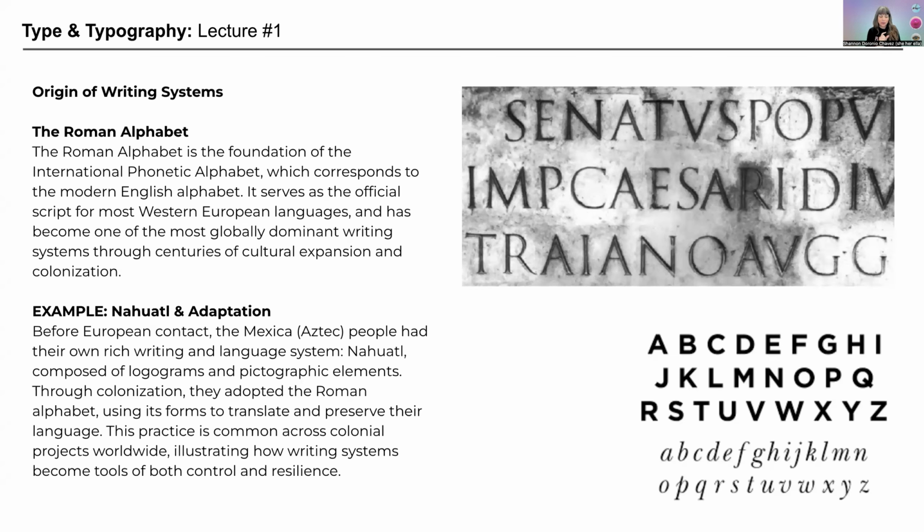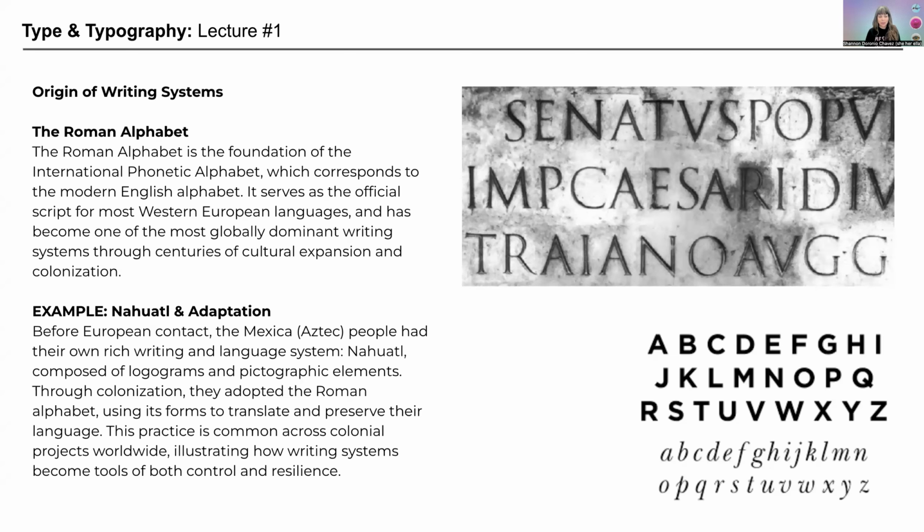So they were able to translate the sounds that they make when speaking Nahuatl. So words like coyote, chocolate, those are all Nahuatl words, were able to be translated into Roman letter form.